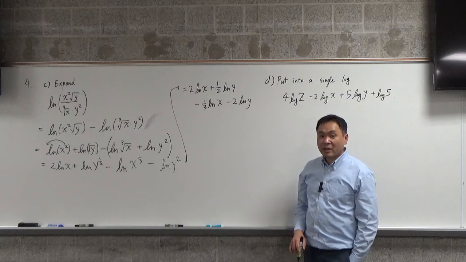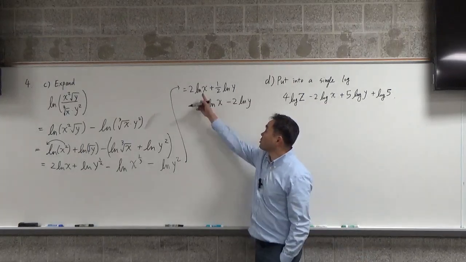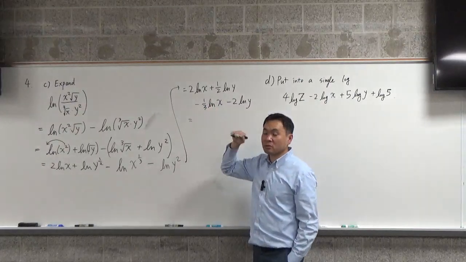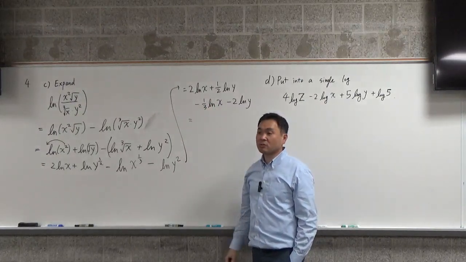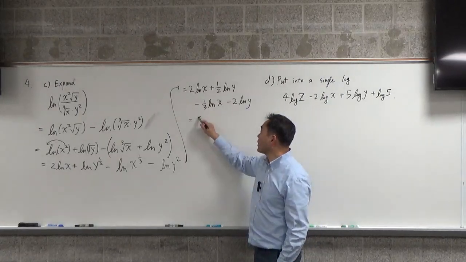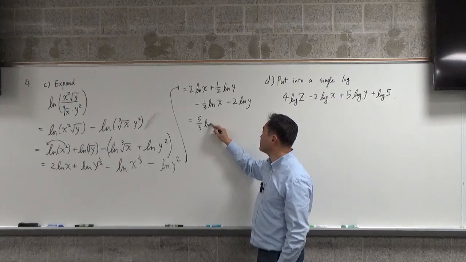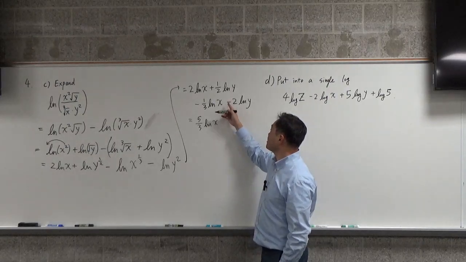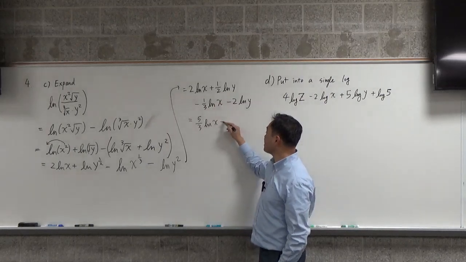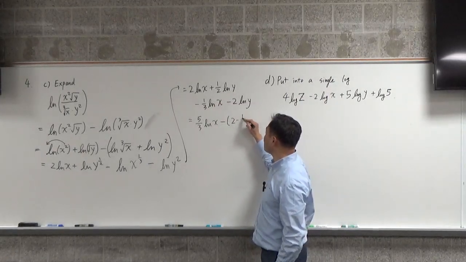But then you see some like terms, right? These two are like terms. They both have ln of x, so you have to combine them. What's 2 minus 1/3? 2 is 6/3. 6/3 minus 1/3 is 5/3. Now this, when you subtract something bigger from the smaller one, I like to write it like this. Minus 2 minus 1/2.